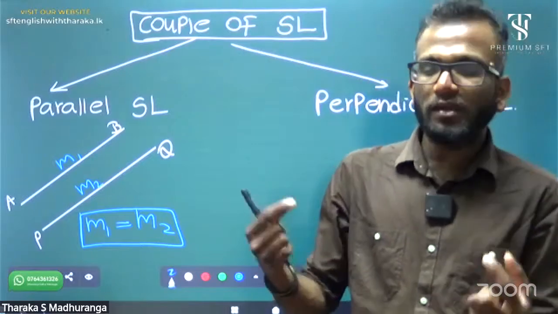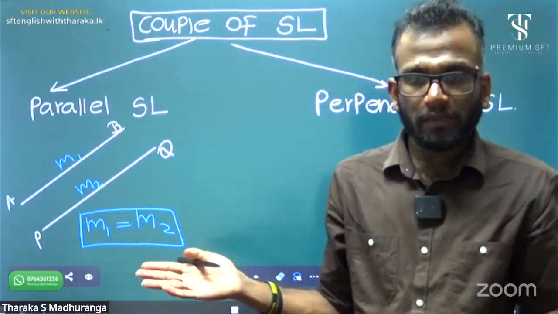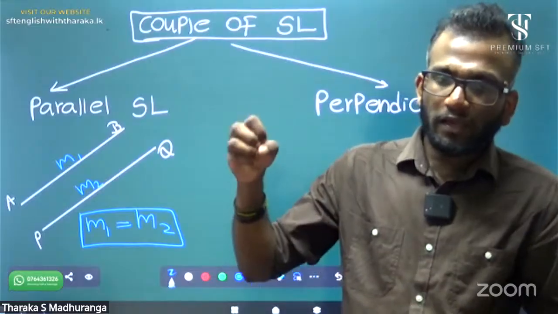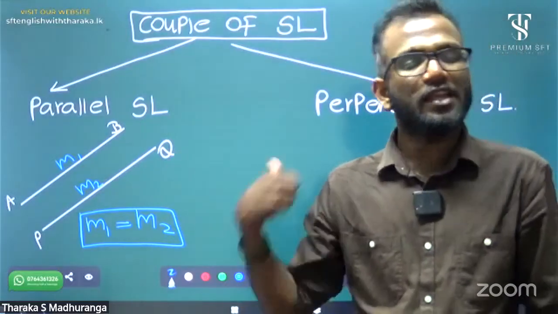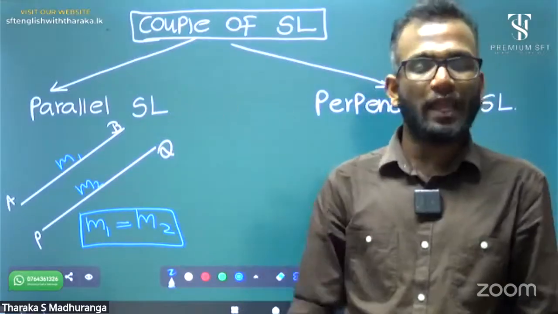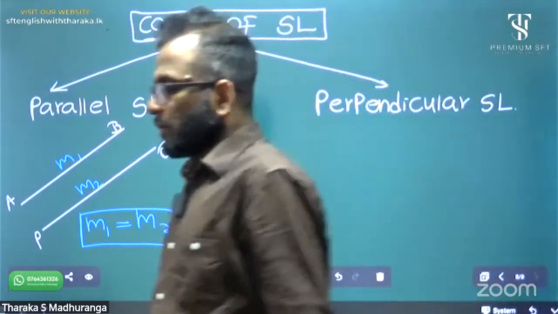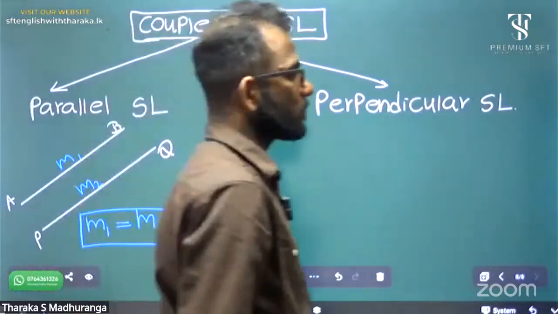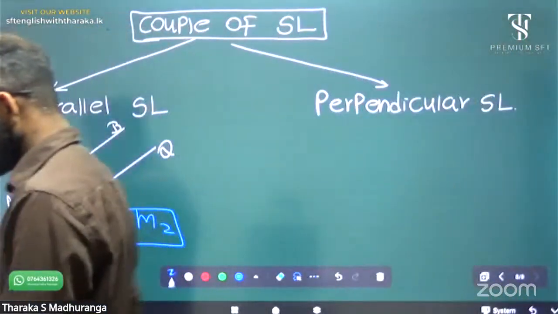On one side, if they are parallel, their gradients are the same. On the other side, if any two straight lines have equal gradients, we can identify they are parallel straight lines. Understood?